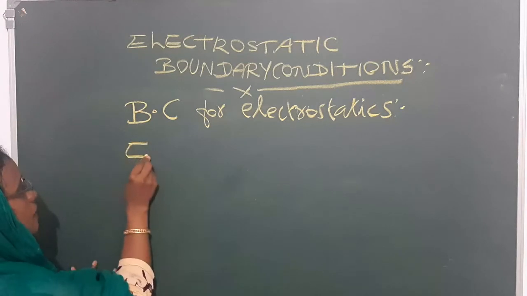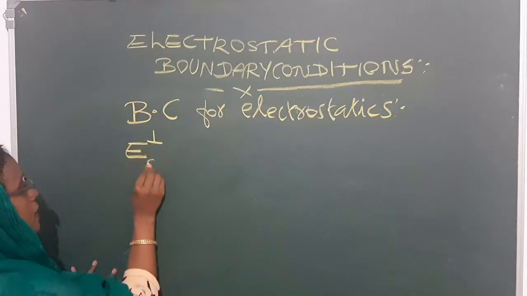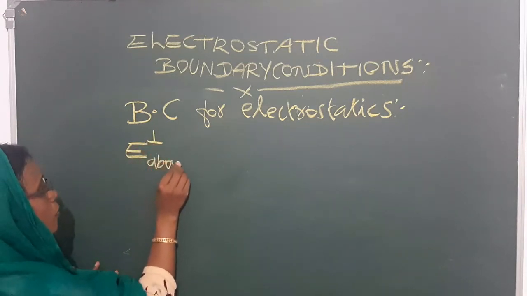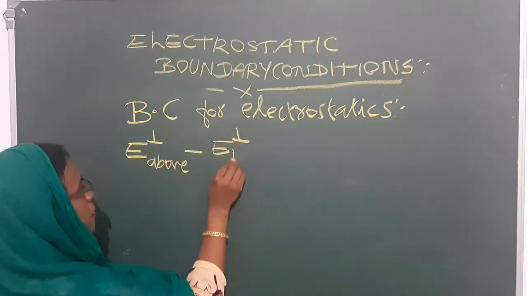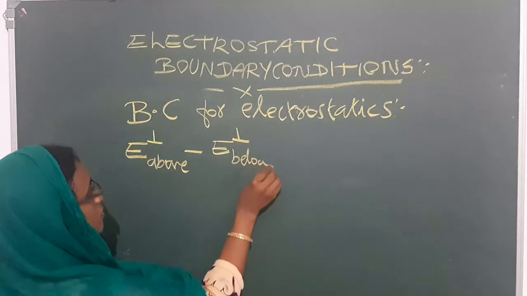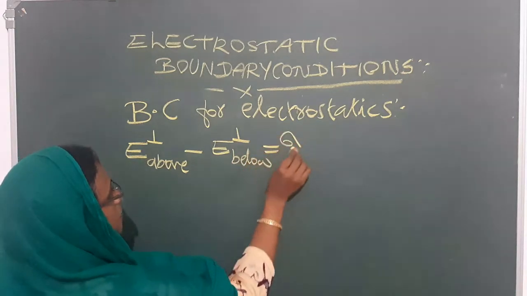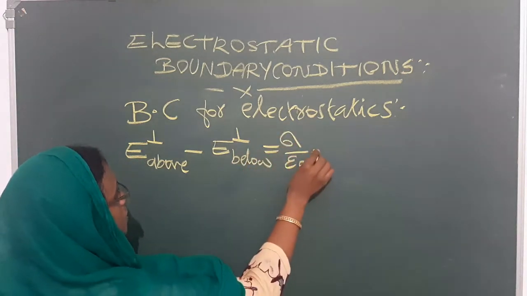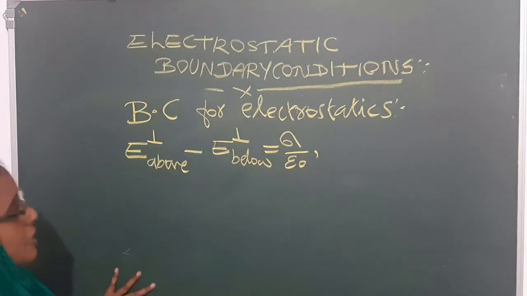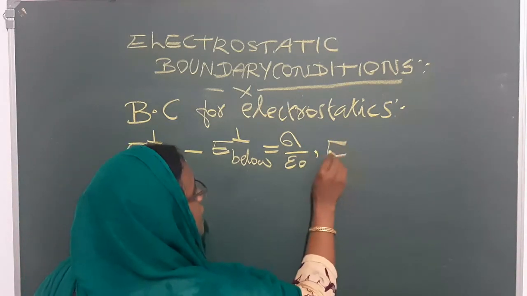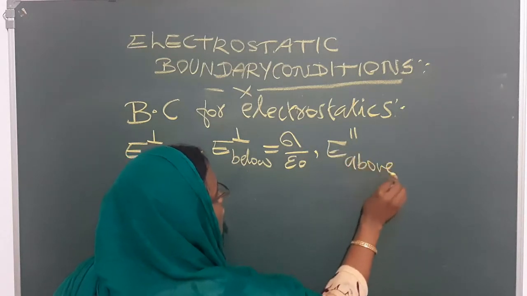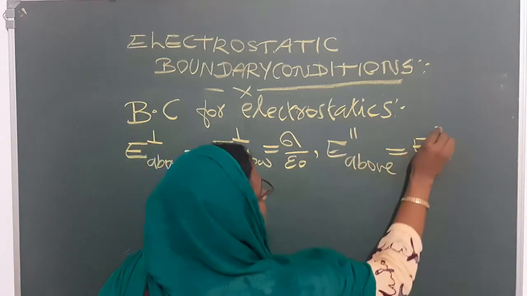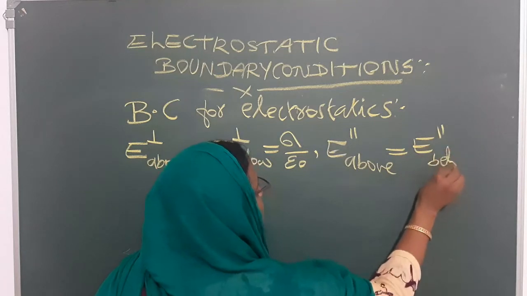What are the BC? They are E perpendicular above minus E perpendicular below equal to sigma by epsilon 0. Similarly, E parallel above equals E parallel below.